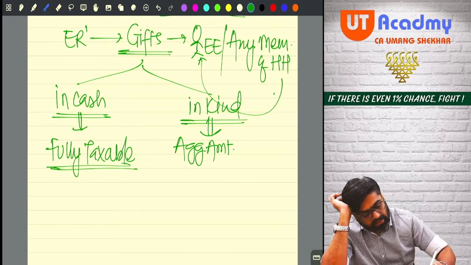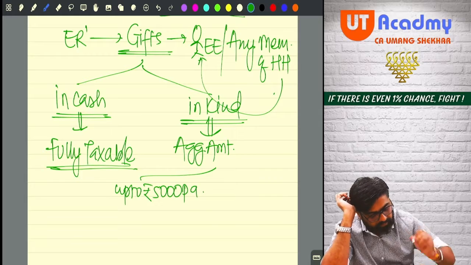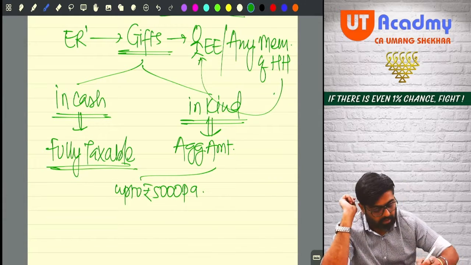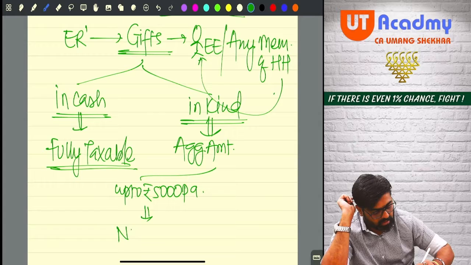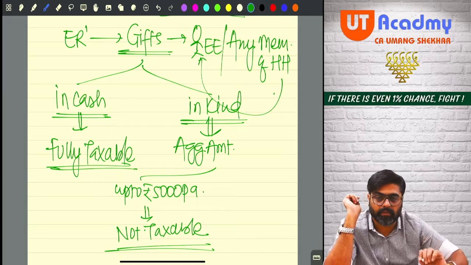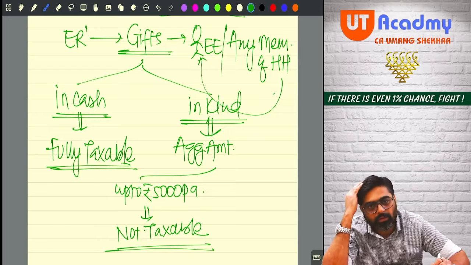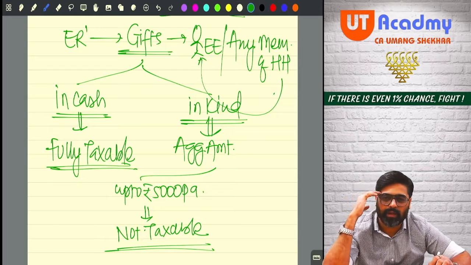If that aggregate amount of gifts is up to rupees 5,000 per annum, then nothing is taxable. It will not be treated as a perquisite, it will not be taxable at all. If the aggregate amount of gifts in kind happens to be 5,000 or less, then the rule becomes silent.